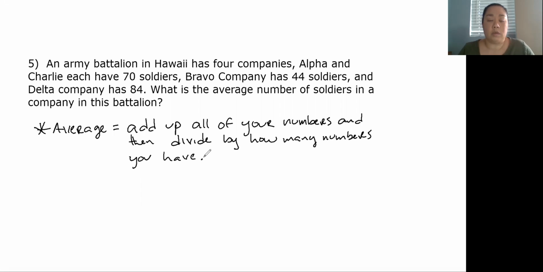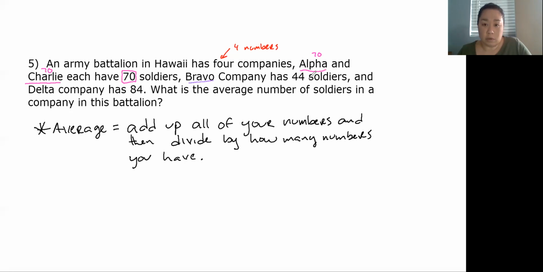Okay. So looking at my problem, there's 4 companies, right? So that means I have 4 numbers. Alpha and Charlie each have 70, which means there's 70 here and there's 70 here.